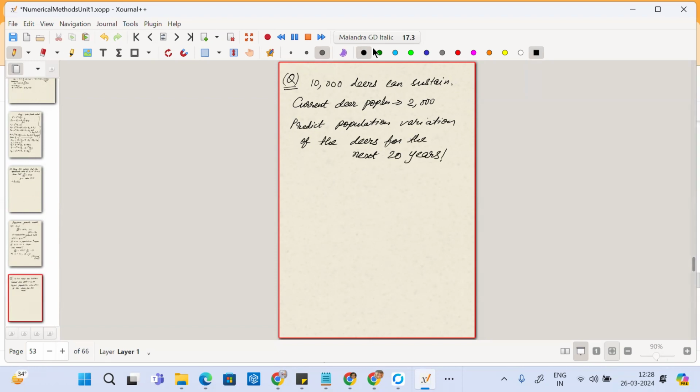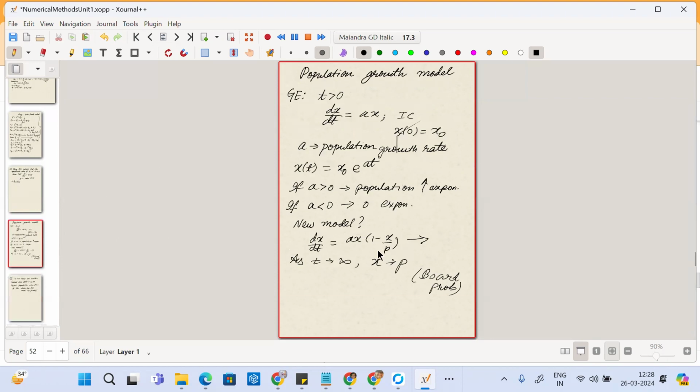All right. So we will check this via coding for now. We will not use 2000 and 10,000. We will just use the non-dimensional 2 and 10. Closer round off: 2 means 2000 and 10 means 10,000. That's the scaling we are doing. So using the Verhulst model, can we predict this? See, you have been given P. P is the maximum sustainable population.